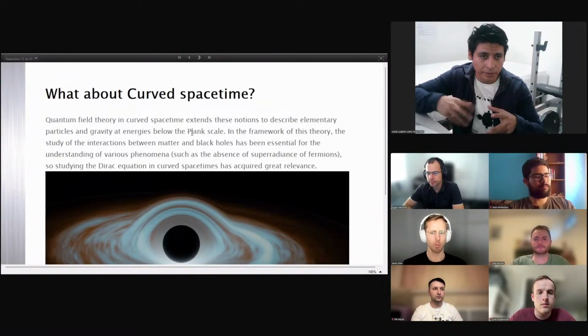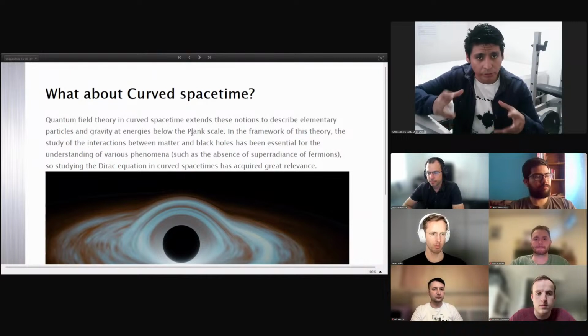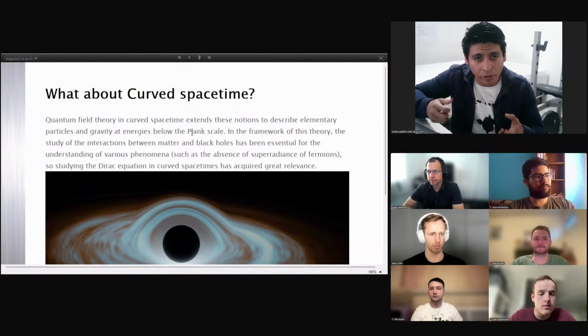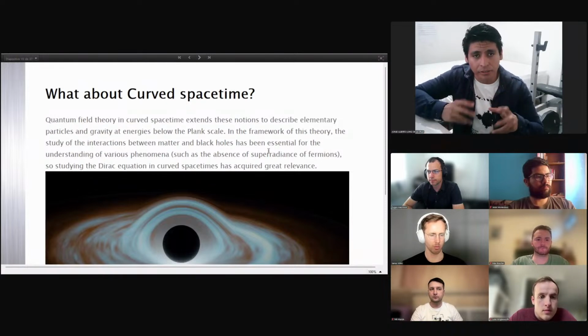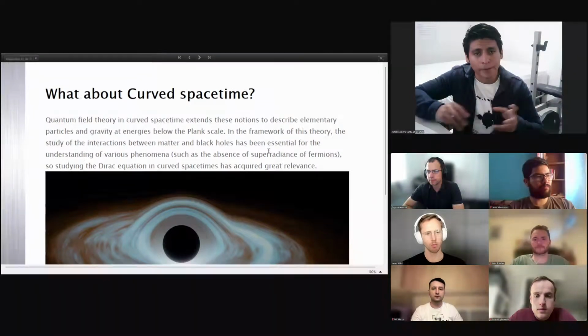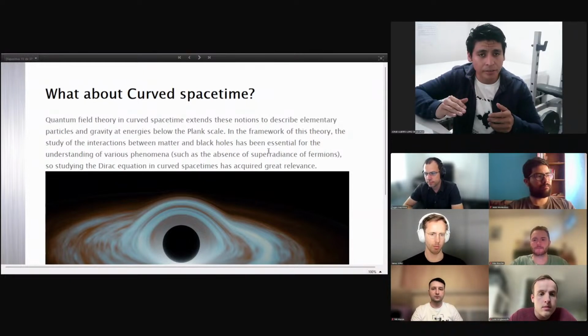A black hole is a space-time where the gravity is very strong. So the interactions between black holes and matter, like electrons, for example, give me answers about the behavior of elementary particles at the quantum level, but in a curved space-time when there is gravity.